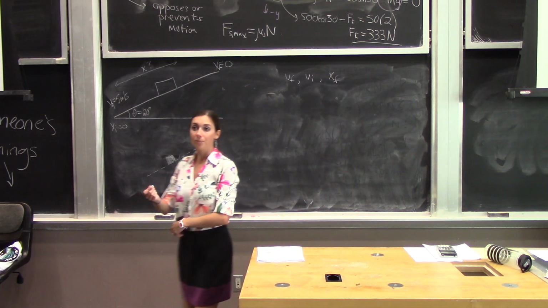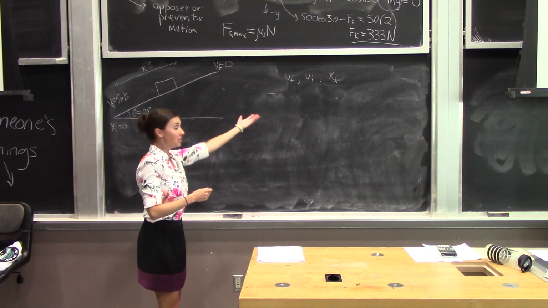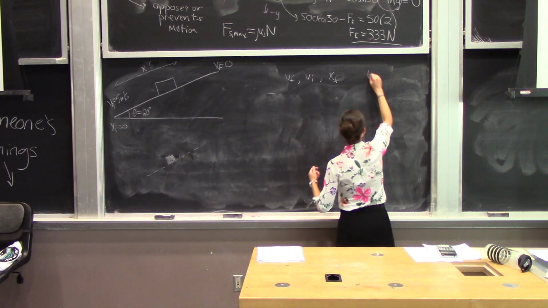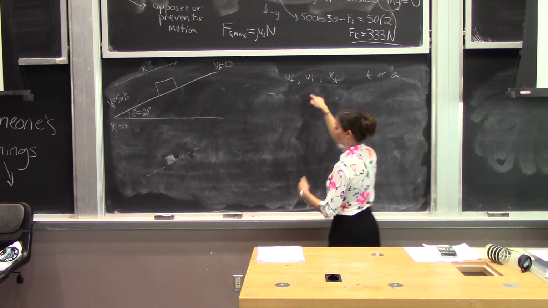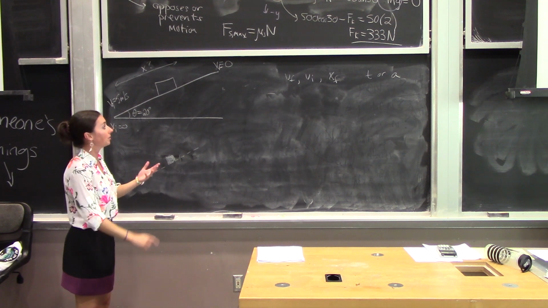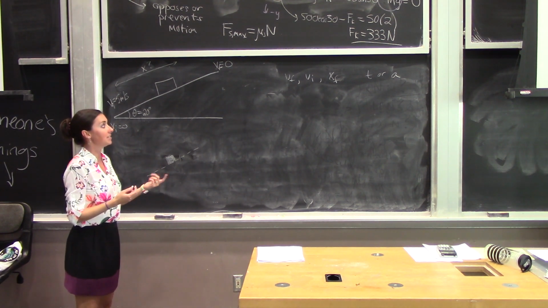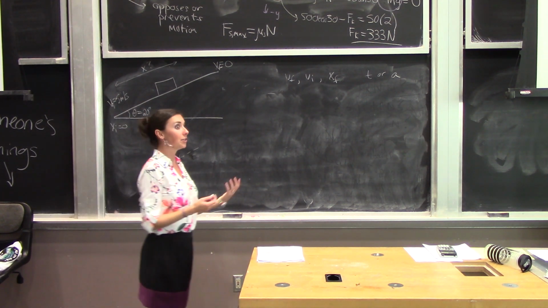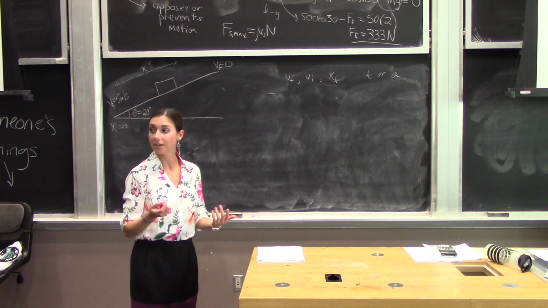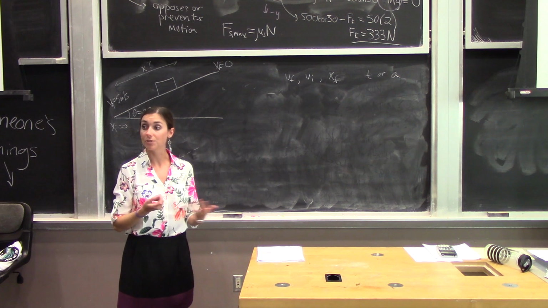Okay. Now there's no equation that just relates 3 of these things. We really need either time or acceleration if we want to talk about how those are related. So that's where you want to think about which one of these is easier to figure out. It doesn't tell me how long this takes. No time is given.